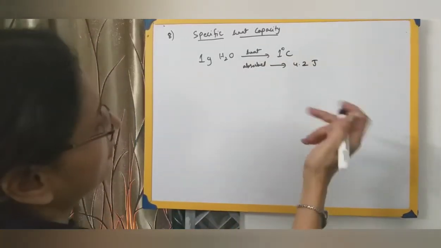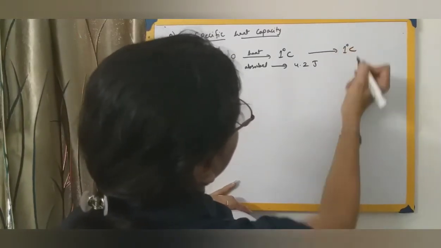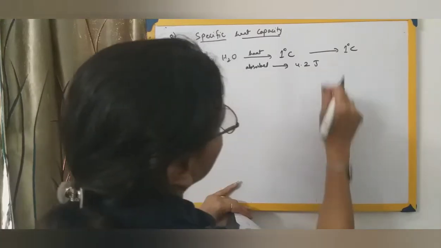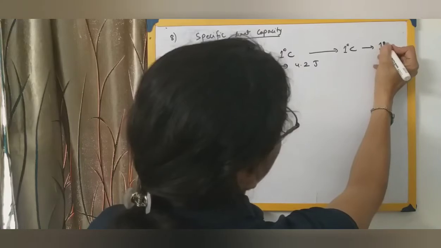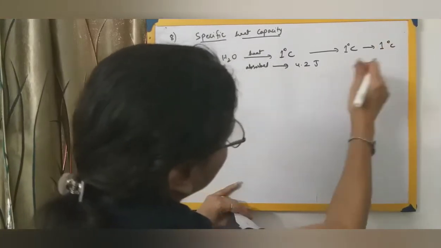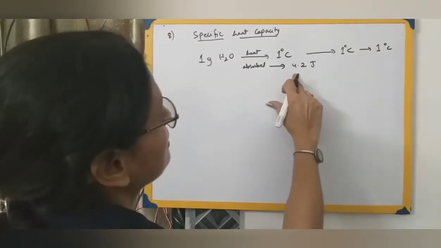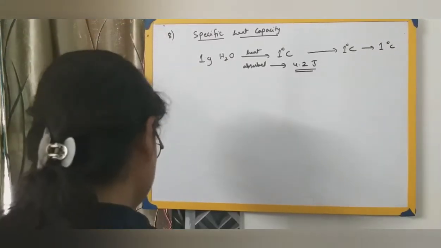Now again, if you increase the temperature by another 1 degree Celsius, it is going to absorb this much heat energy again. So every time the temperature rises by 1 degree Celsius, it absorbs 4.2 joules of heat energy.